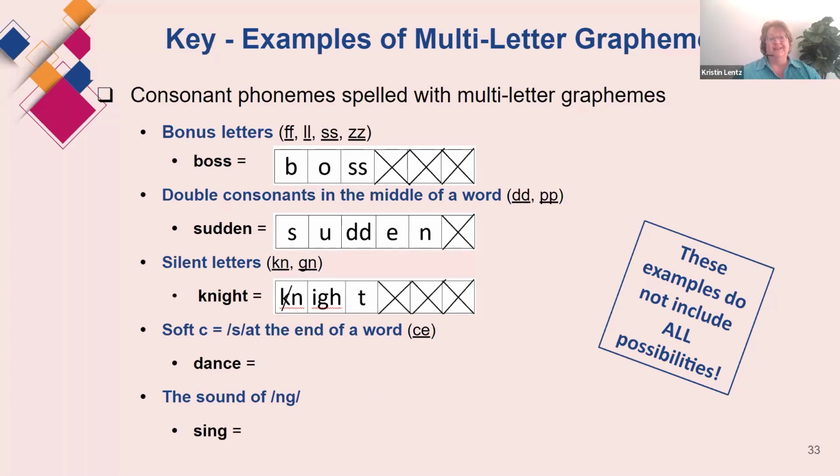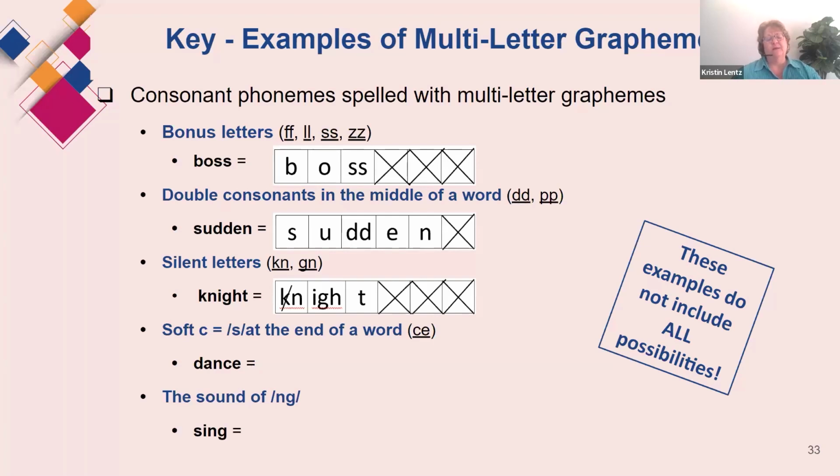Kind of an interesting little anecdote. Originally in the English language, that K and the G for GN used to be pronounced. So we had knife, knife. It was dropped through time because it was a little awkward to say, but we retained the spelling. So just like I said, a little fun thing you can tell your students.